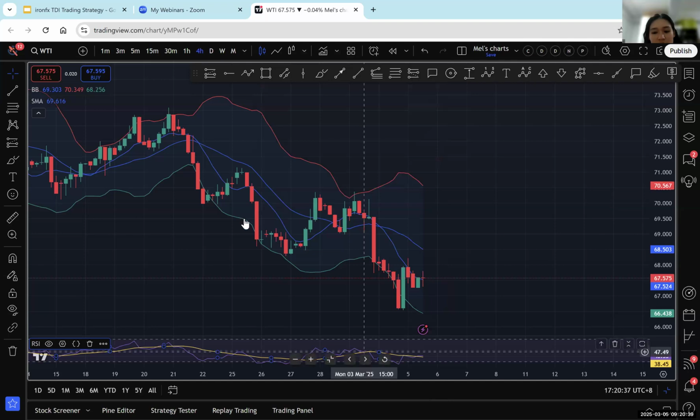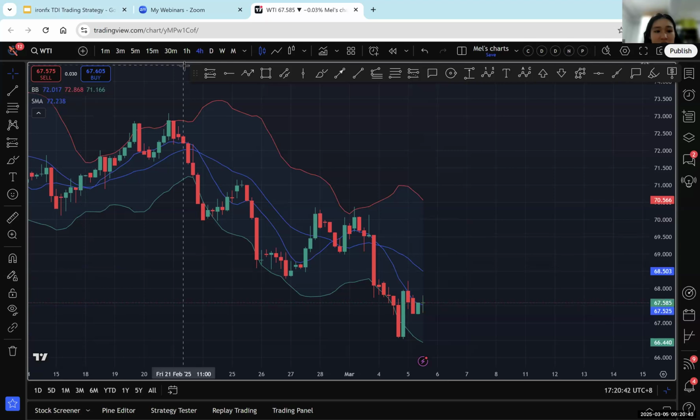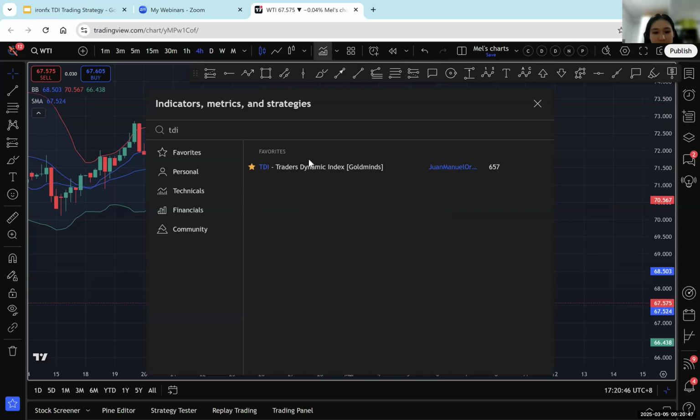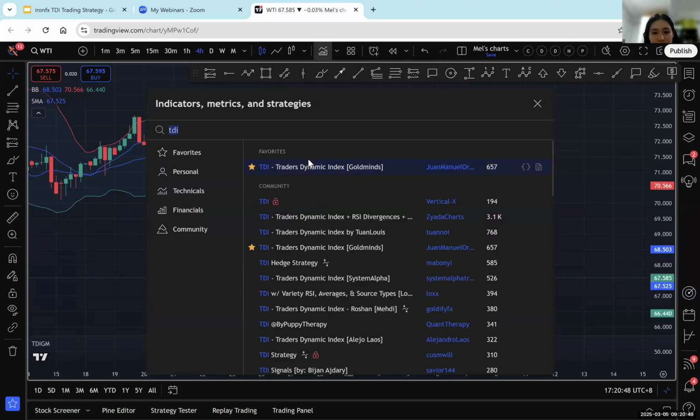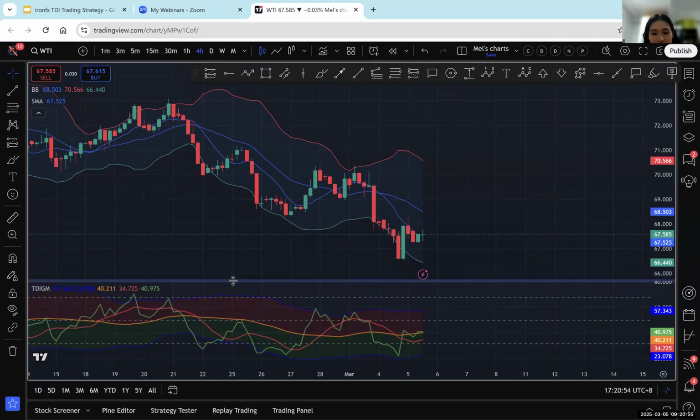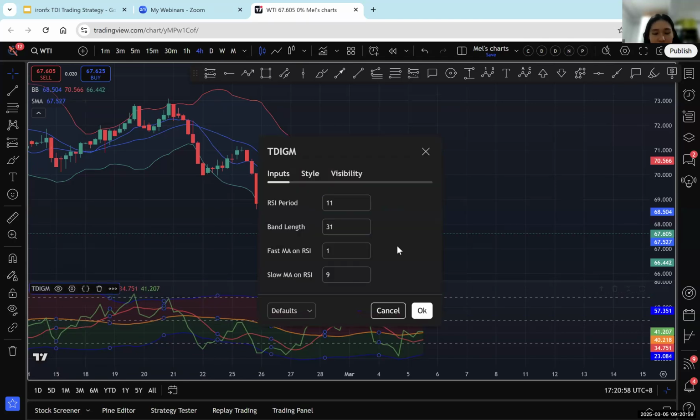Okay, but if we're looking at TDI settings, some common combinations, we'll just go through them really quickly. Some common combinations can be 13 RSI, Bollinger Bands about 34.